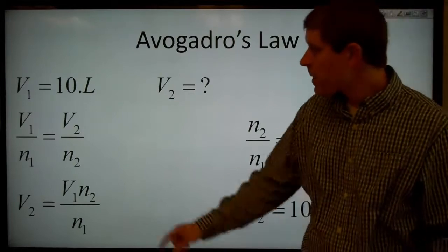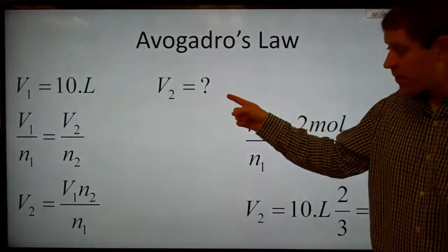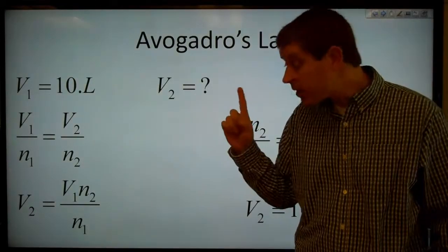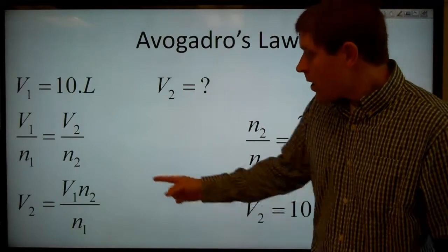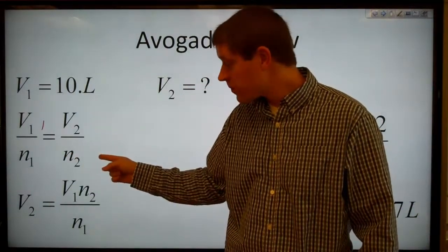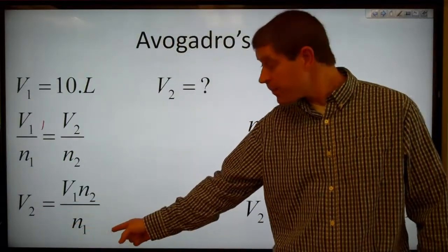So if we start out with 10 liters, and we want to know how much we ended up with, we don't know how many moles that we started with, but we know V1 over N1 equals V2 over N2, which we could rearrange to give us V2 equals V1 N2 over N1.